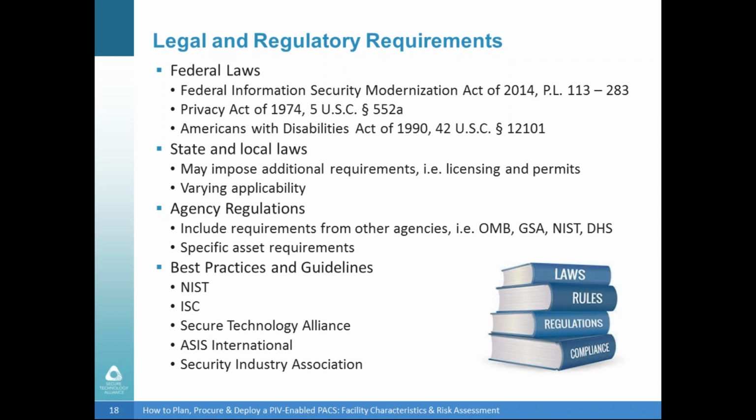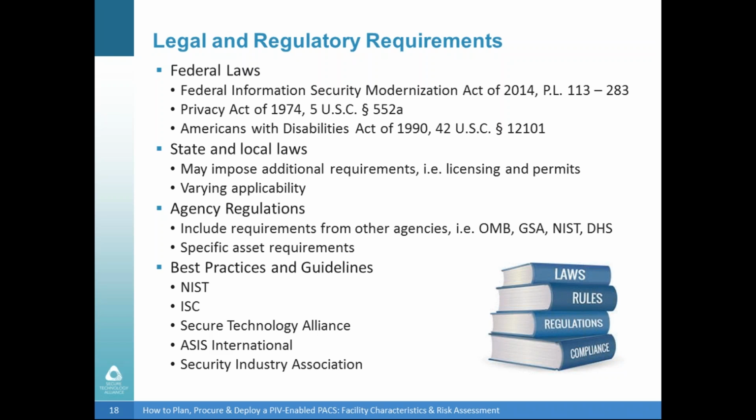You'll need to comply with regulations issued by your agency and other agencies that have received delegated authority. For example, the Office of Management and Budget has updated Circular A-130. It includes requirements for managing information system budget allocations. The General Services Administration has been assigned responsibility for testing and approving PIV-enabled PACS components and establishing requirements to certify PACS integrators.